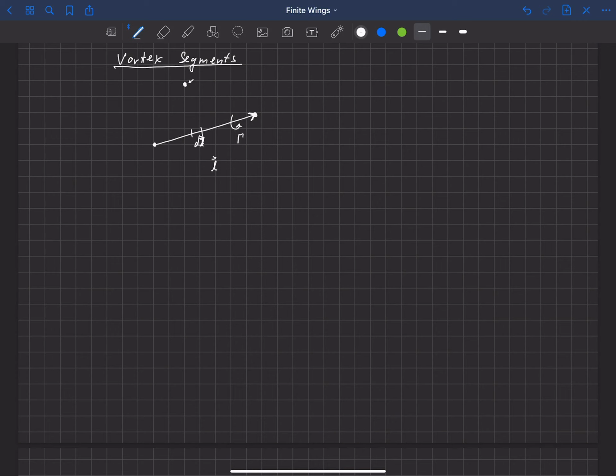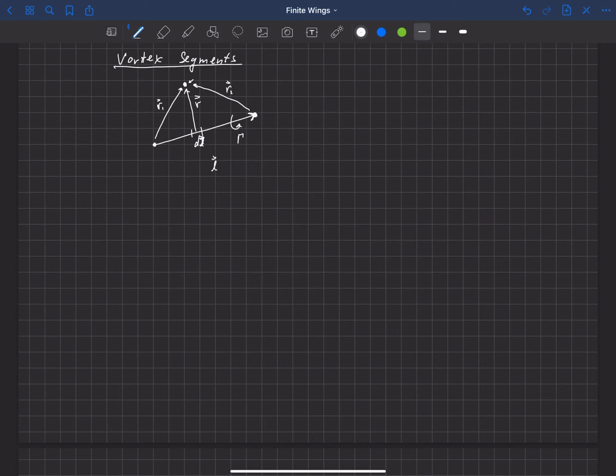For each of those vector segments, we're going to draw a straight line to that point and call that r, which is also a vector. We're going to define a couple other vectors on here. This is r1, the vector from the beginning of the segment to that point. And then r2, we will draw as this vector here from the end of that segment to that point.